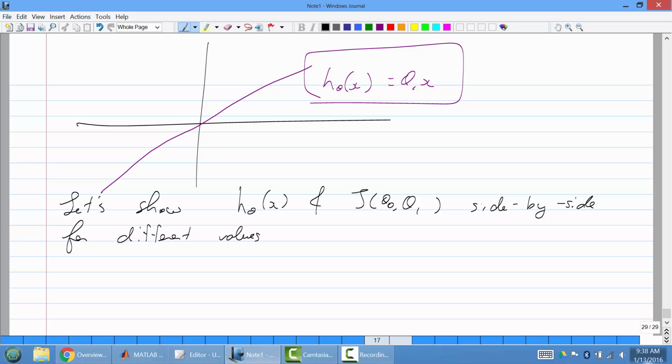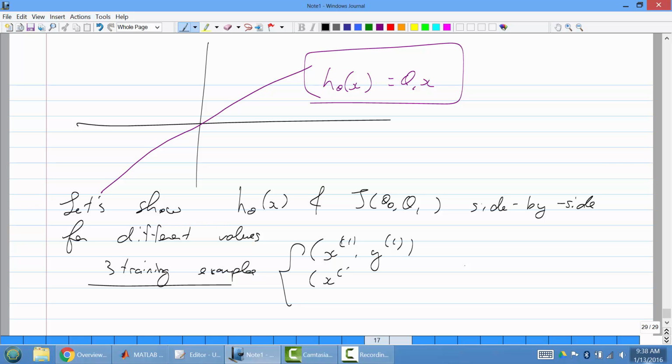Let's assume we have 3 training examples, and they happen to be the following. The first point is (1, 1), the next point is (2, 2), and the last point is (3, 3). Just by some magical chance we get these 3 points, which would be great in practice, but unfortunately it's seldom found.